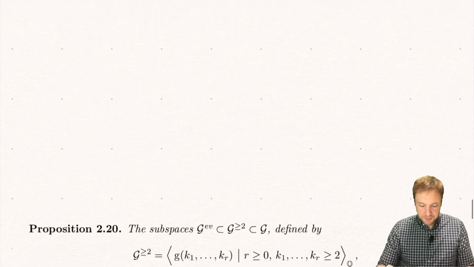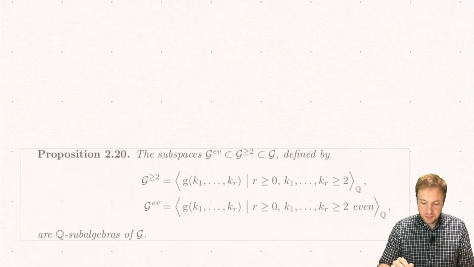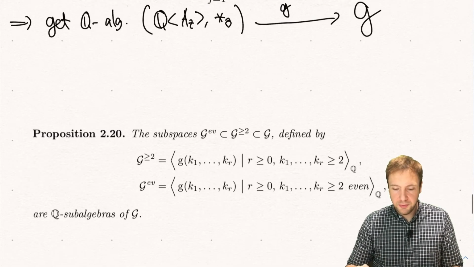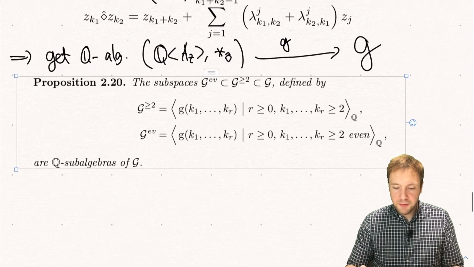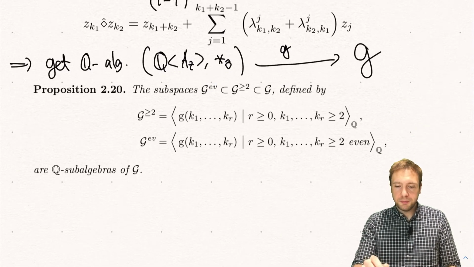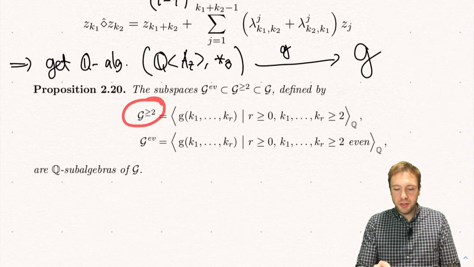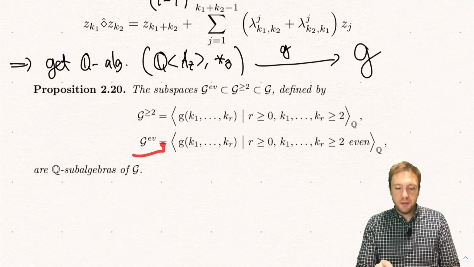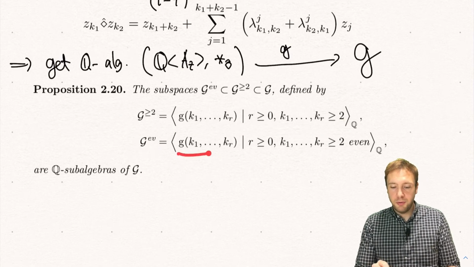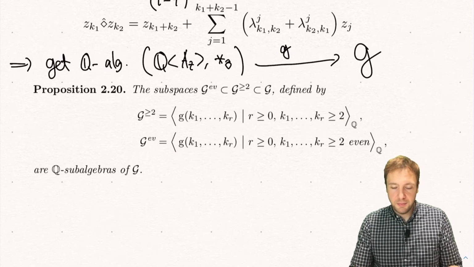But in this case, it's not hard, but it's also not trivial like before. The statement is that the space spanned by all g's where the entries are greater or equal to 2 is a subalgebra, and the space spanned by all even ones is a subalgebra.